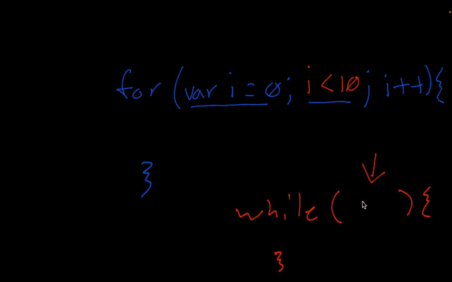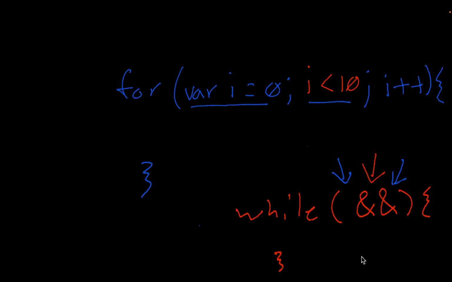Do you remember the and ampersand sign, what that means? So if we say and, that means both sides of the condition have to be true. So we can put more than one thing here.